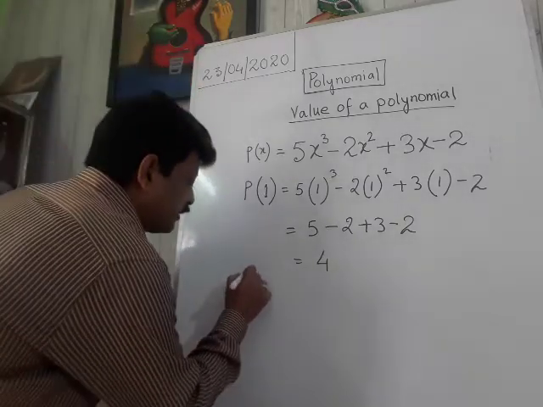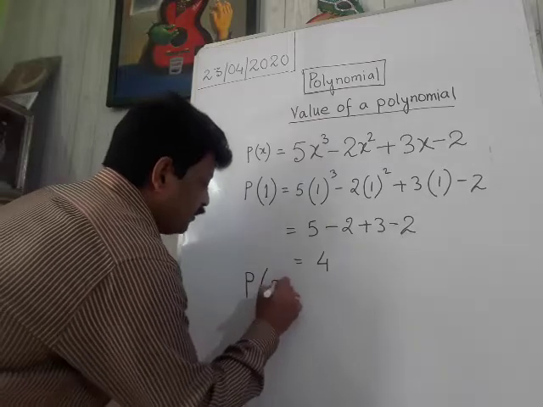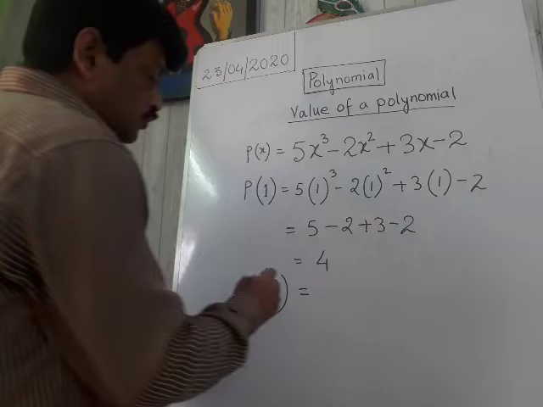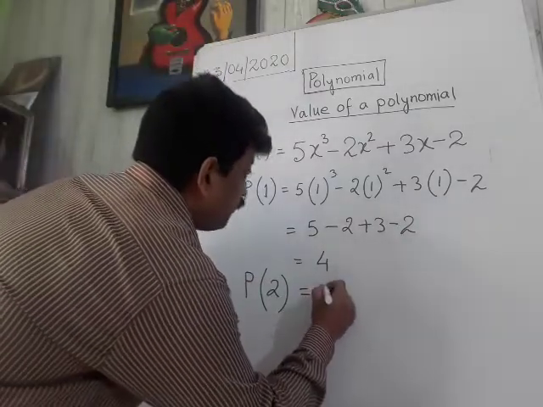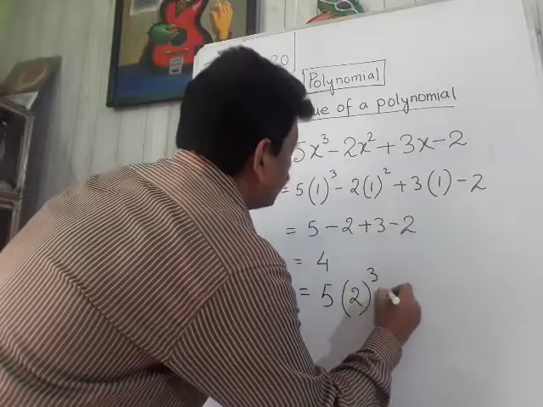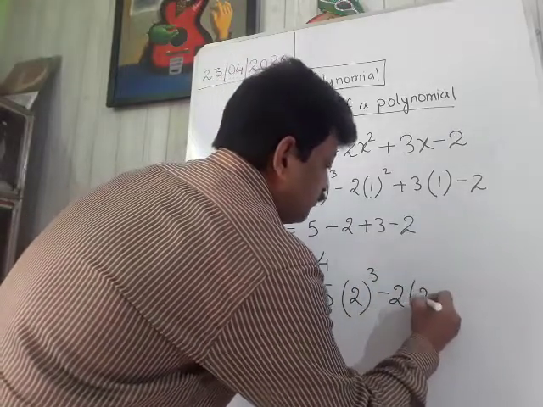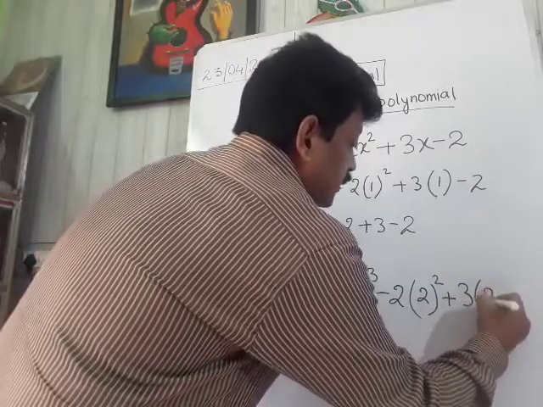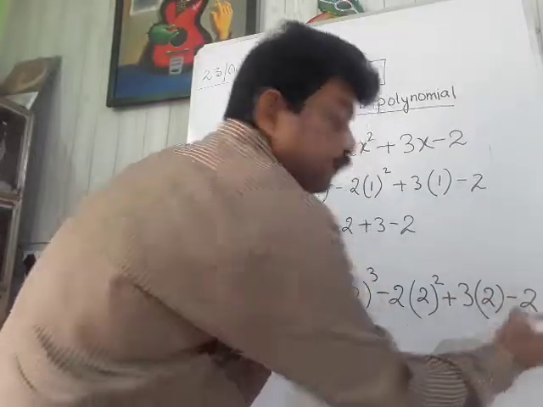Similarly, if we take x replaced by 2, so what are we getting? 5 into 2 cube minus 2 multiplied by 2 square plus 3 multiplied by 2 minus 2.